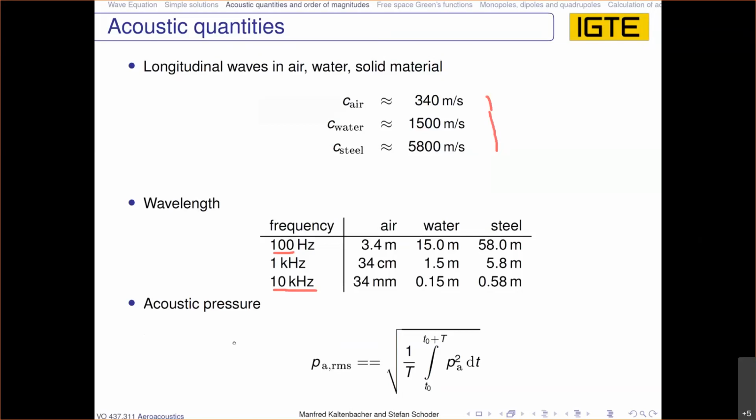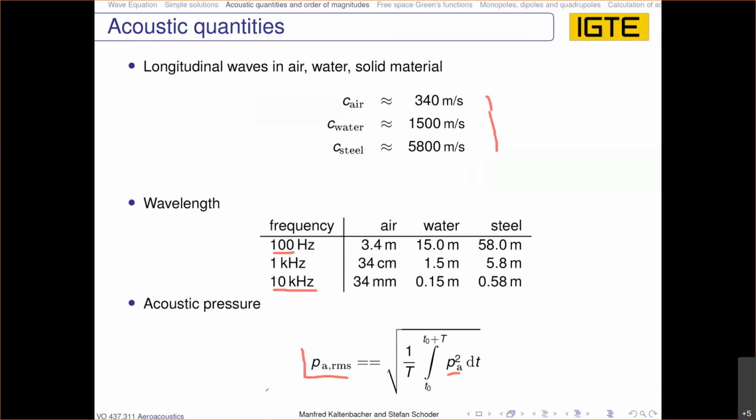Therefore, you compute from the recorded pressure as a function of time the root mean square, in German Effektivwert. That gives you a value of, let's say, 1 Pascal, 0.5 Pascal, whatever.